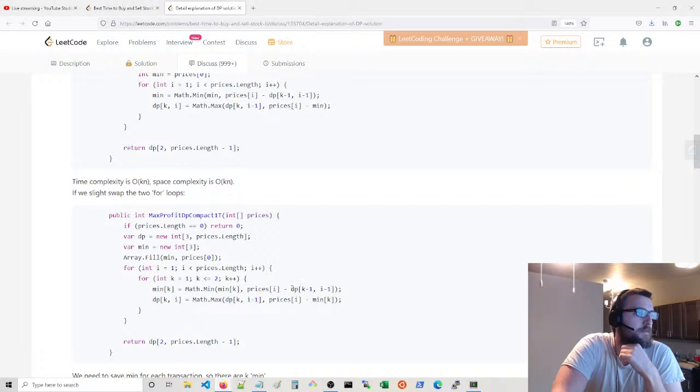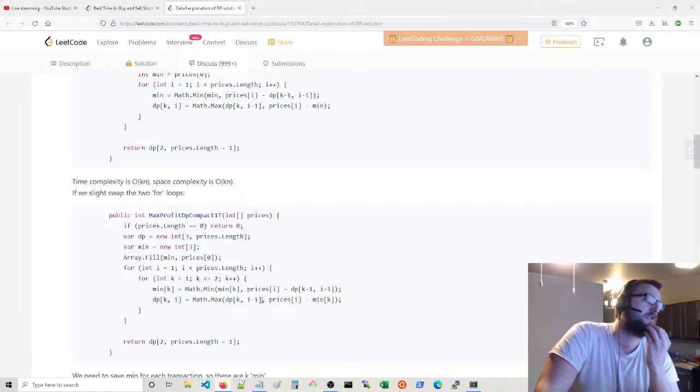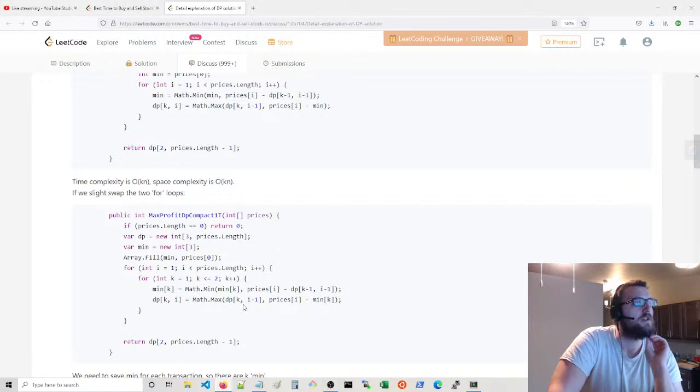I got that he did that, fair enough. Swap the loops, but he wants to basically not keep the entire previous array, right? So you only have to keep some dp of k.